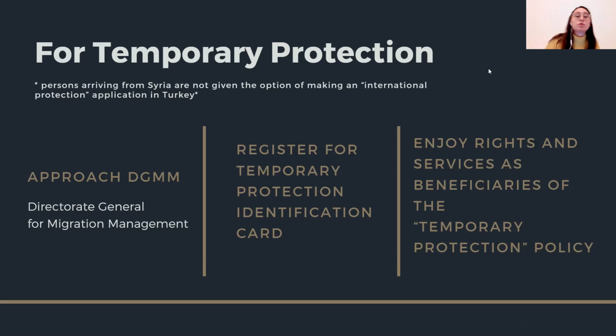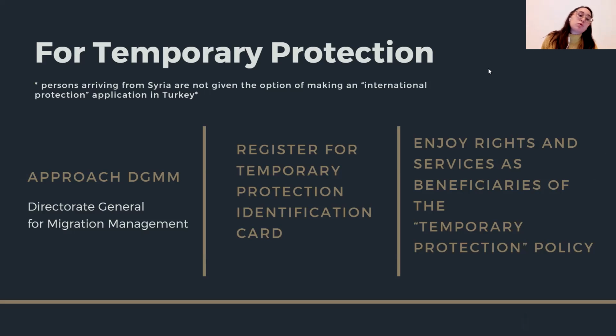One of the most important points is temporary protection. A person coming from Syria does not have the right to apply for international protection in Turkey, so they have to apply for temporary protection.